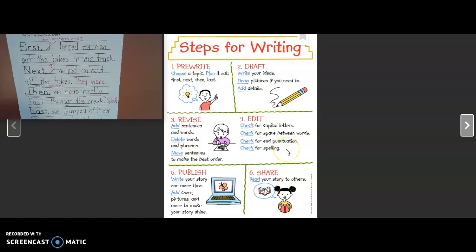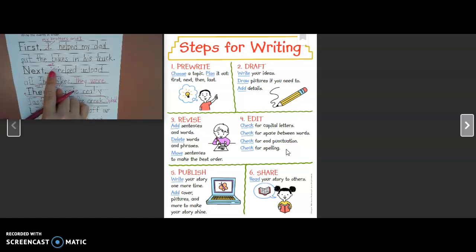I noticed that this I was a lowercase I, and if I were to keep this here, I would make this an uppercase I because when I talk about myself as I, it's always capitalized. So I changed that word to we because I was talking about my brothers and I. So I had to change that. I have space between my words.